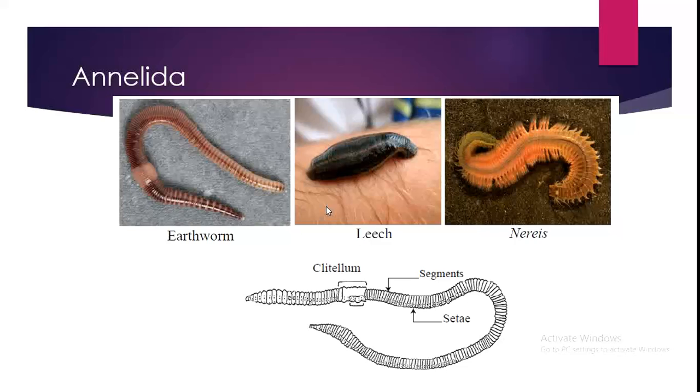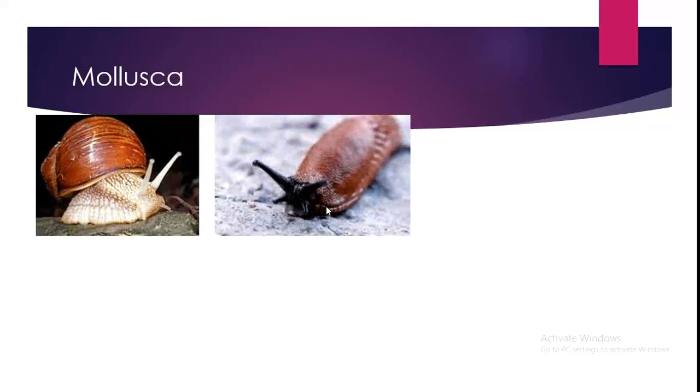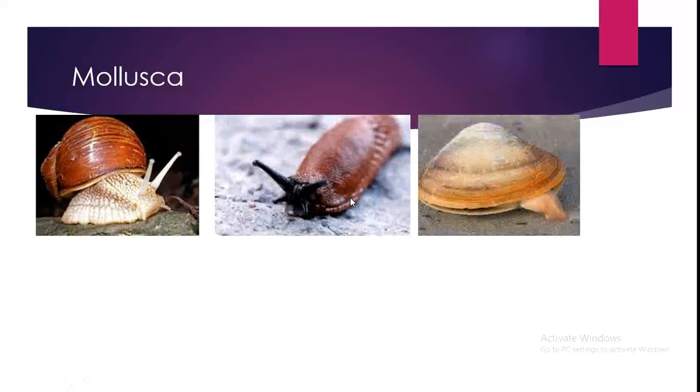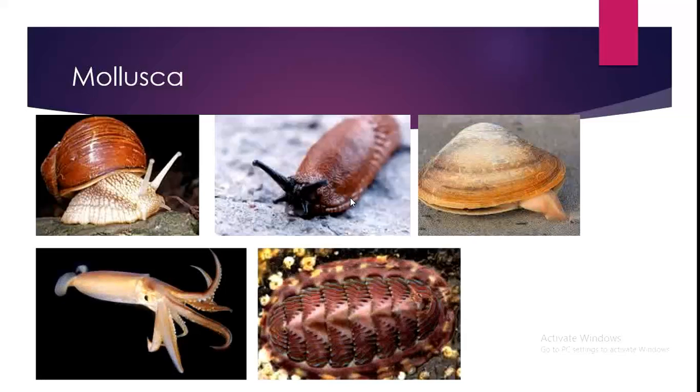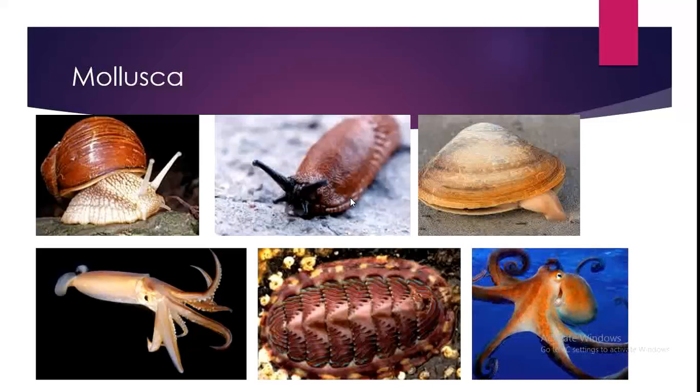Then we are moving on to the next phylum, that is phylum Mollusca. Some people will call this mollusca as well. The examples are snail, slug, bivalve, squid, chiton, and octopus.